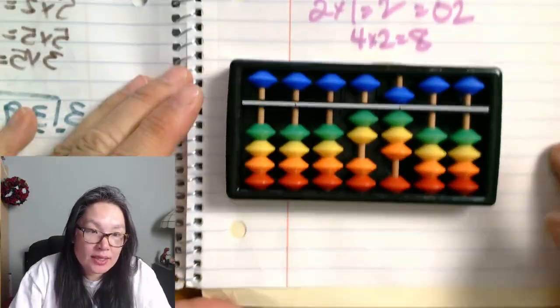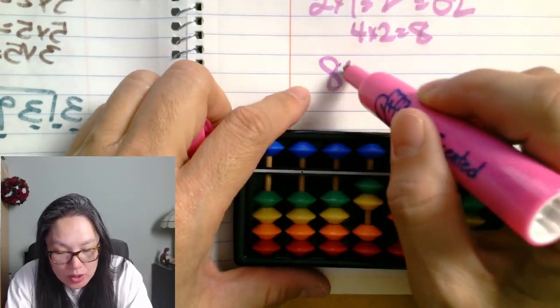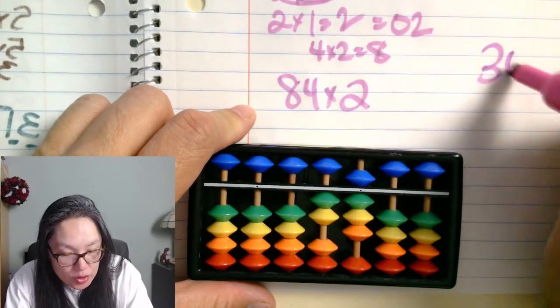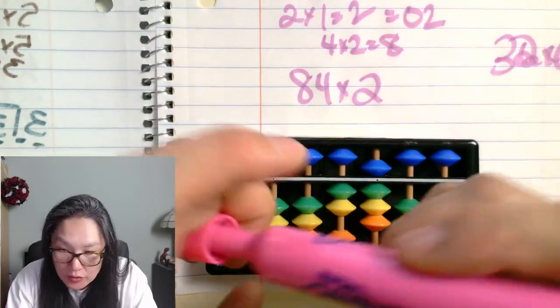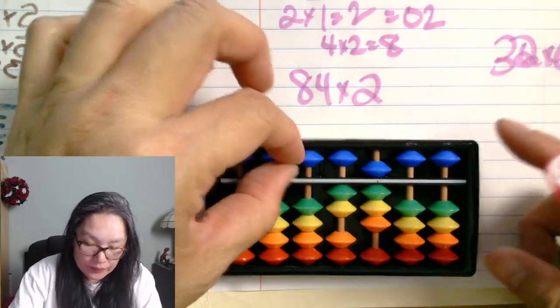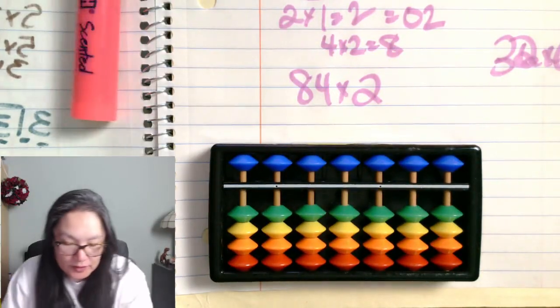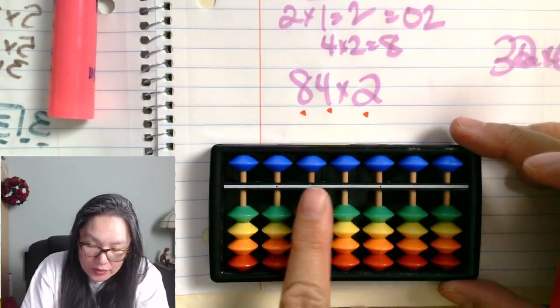Remember, it's all the same concept, still the same steps. So it's 48 times 2, and then we'll do the next one, 32 times 6. Okay, so the first thing we're going to do is count. 1, 2, 3.